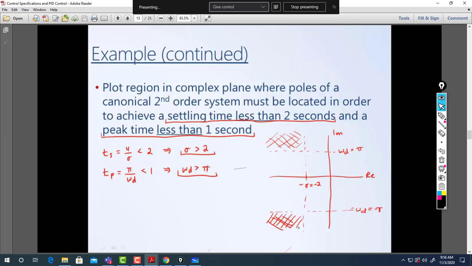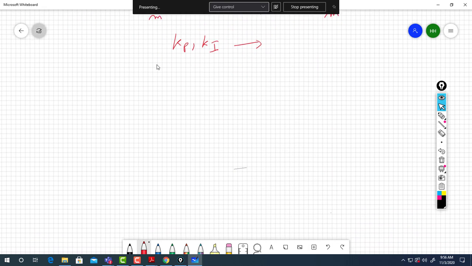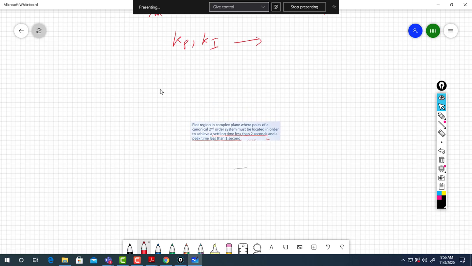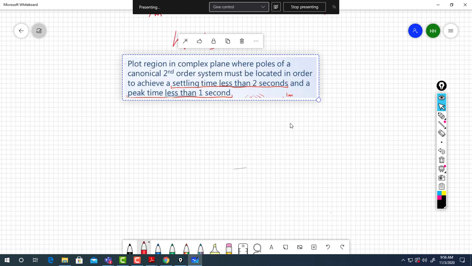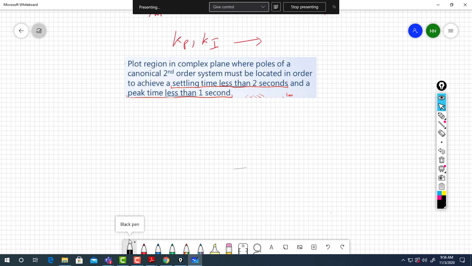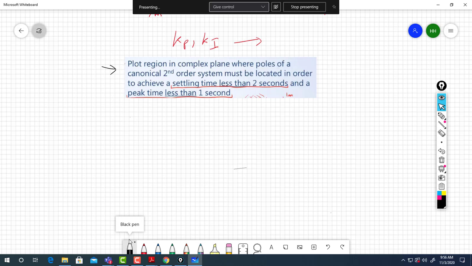Here is an example, a question from Prof. Rick Hill.